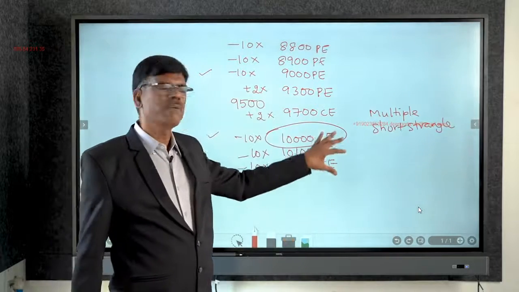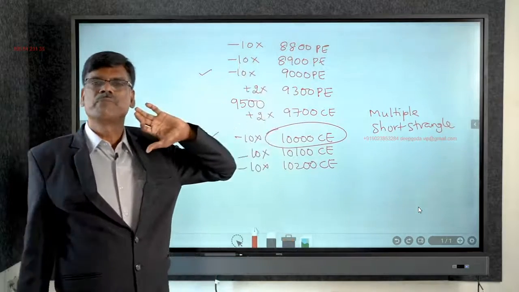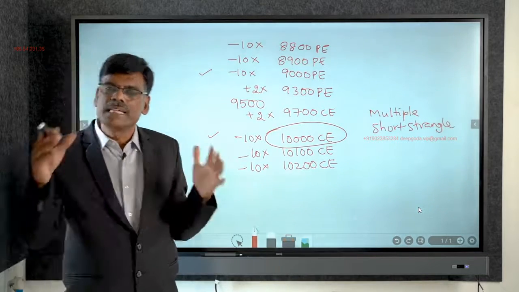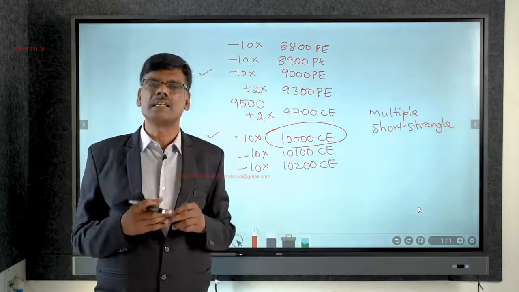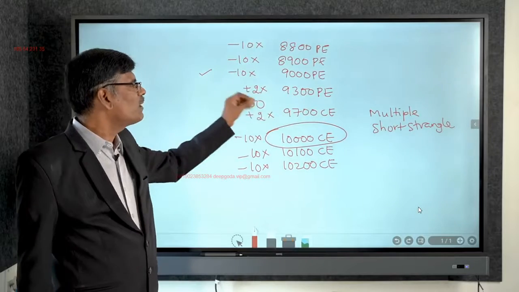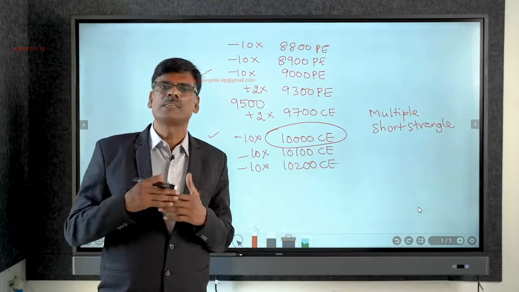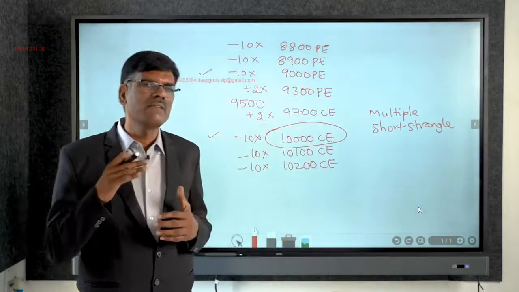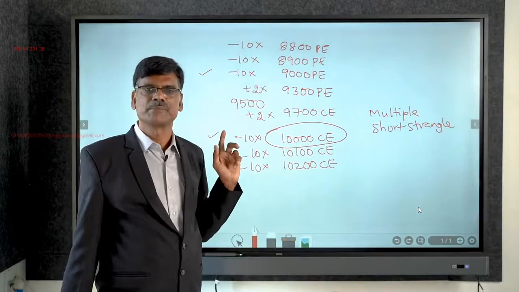The call option premium may not come down very much, but put option premiums may shoot up due to the volatility, and therefore you will see the MTM loss in your trading terminal, so you will be psychologically affected. But if for some small quantity you do buying of options, then even if the markets move violently, the MTM loss may not be very big because this bought option will give you some profit.